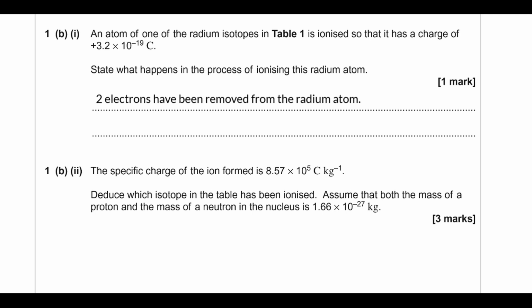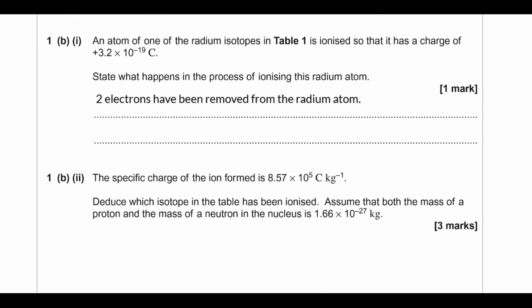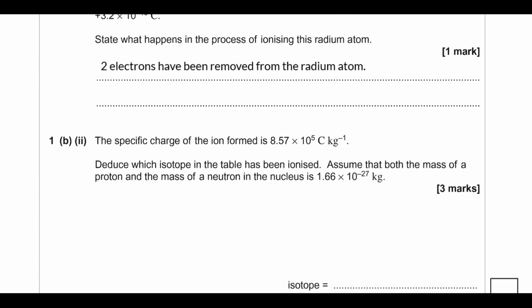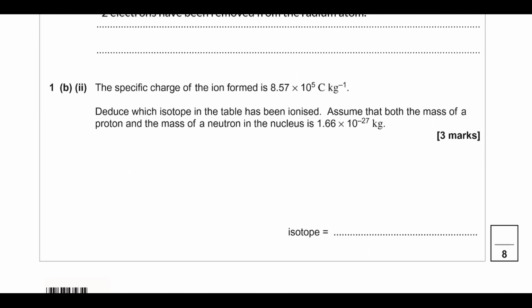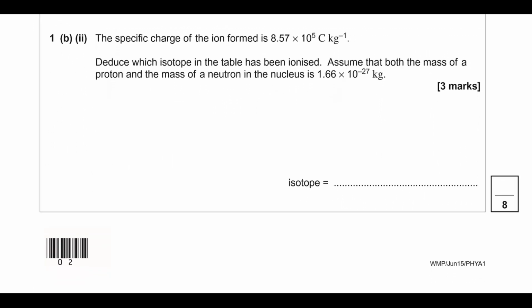Okay, so then we've got the next question. The specific charge of the ion formed is 8.57 times 10 to the 5. Deduce which isotope in the table has been ionized. Assume that both the mass of a proton and the mass of a neutron is 1.66 times 10 to the minus 27.